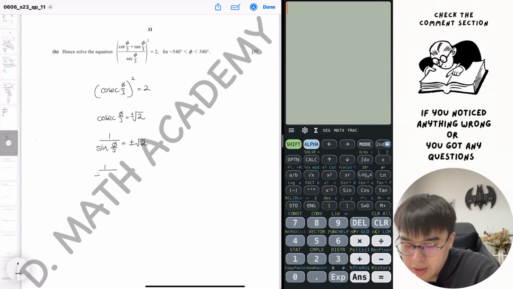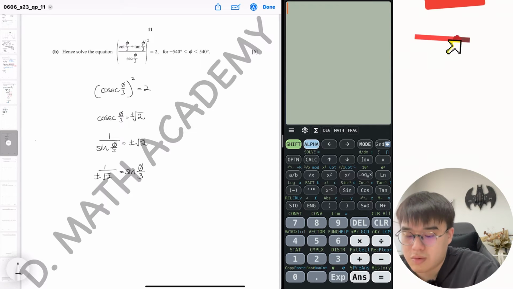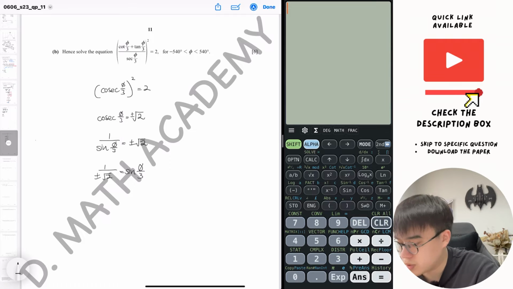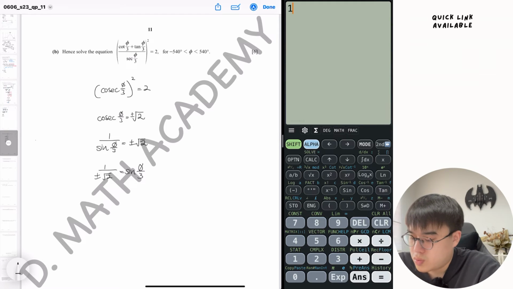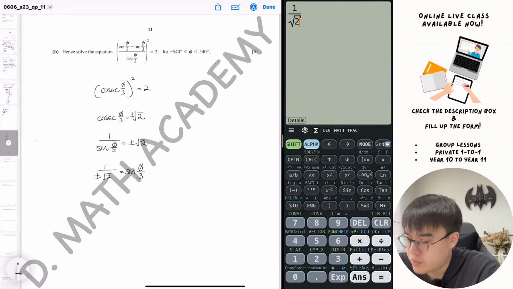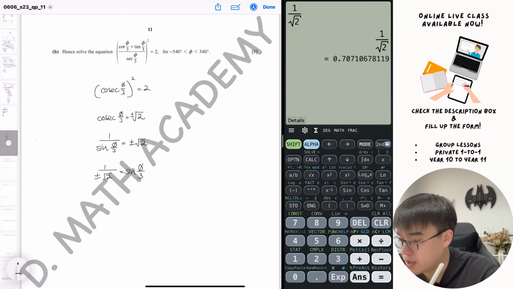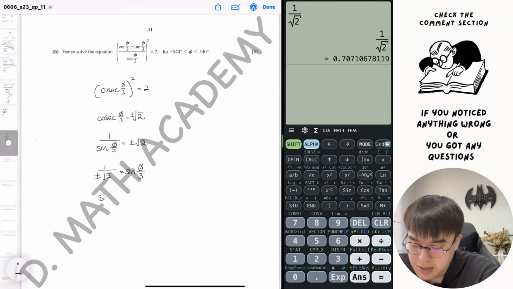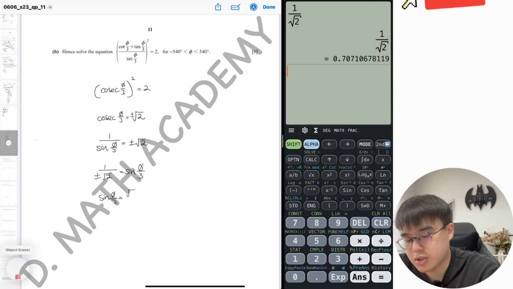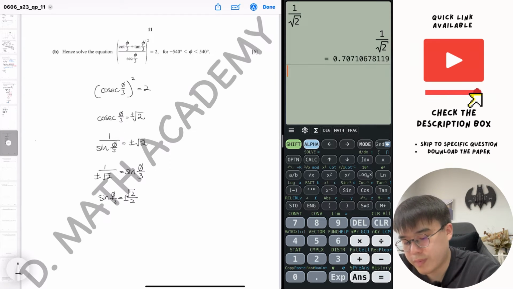When you rearrange them, plus minus square root 2 equals sine theta over 3. Okay, so 1 over square root 2, if you key in, and rationalize it, optional for this step here, you will get square root 2 over 2 with a plus minus at the side.